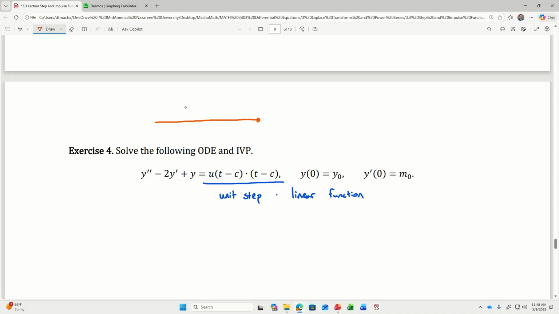And then we hit the time t equals c, and at the time t equals c, this linear factor is still 0. But as t becomes greater than c, it's going to increase like that. So this is sometimes called a ramp function. It's 0 up to a point, and then we start ramping up the input force.